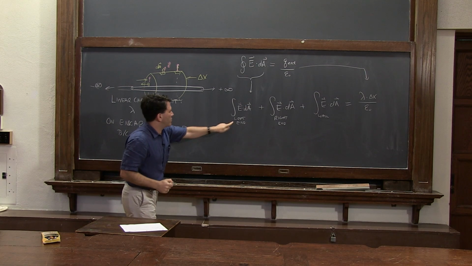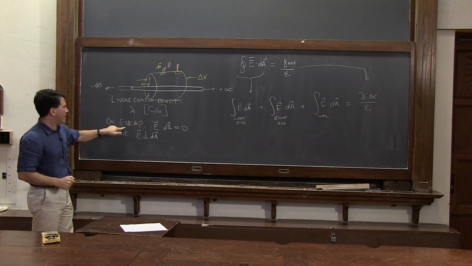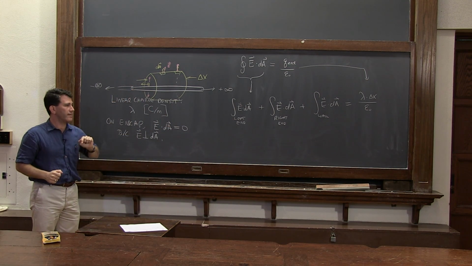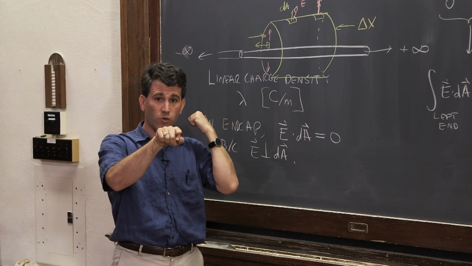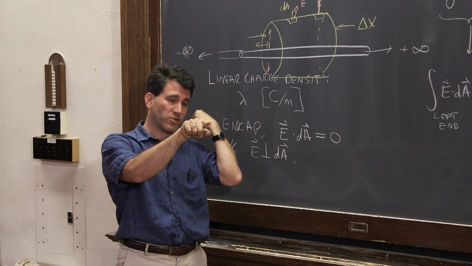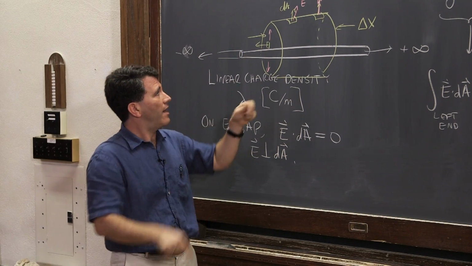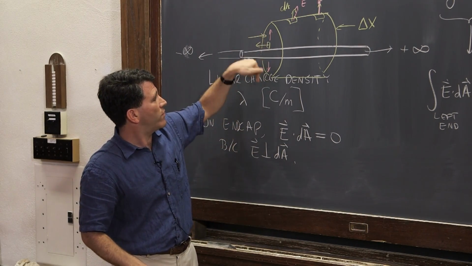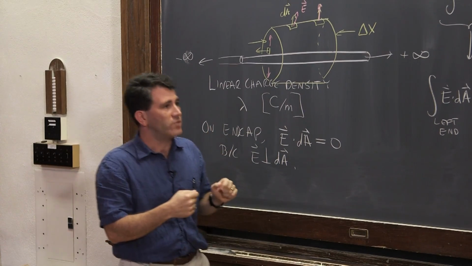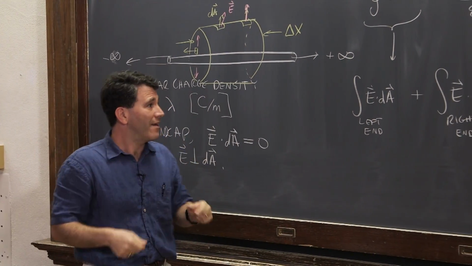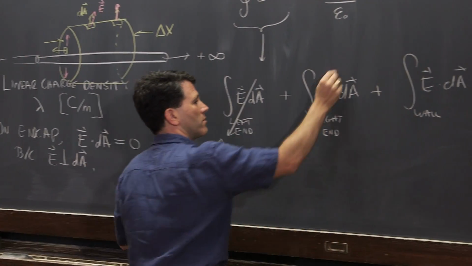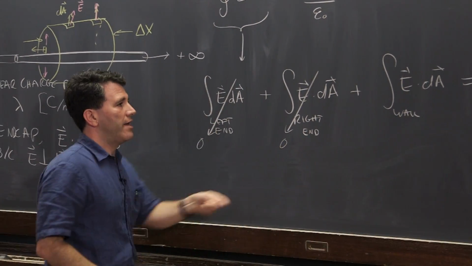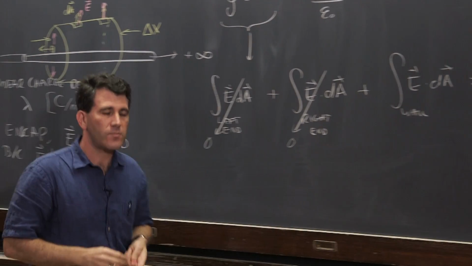Now, I just told you that on the end caps, on either the left or the right end cap, E dot dA is always 0 because the surface normals point along the plus or minus x axis, and the electric field points radially outward, which has to be somewhere in the yz plane. So that means we can say that that is 0, and that is 0, and now we're just left with this piece.